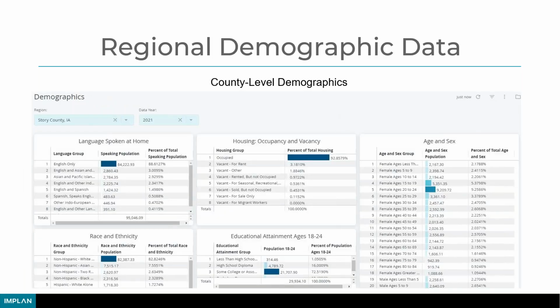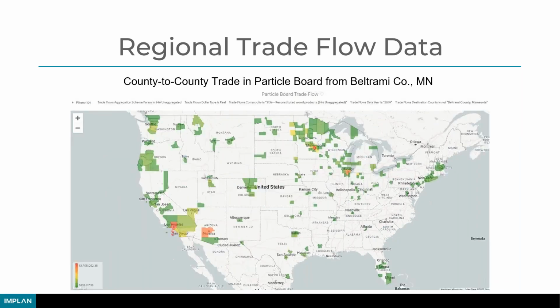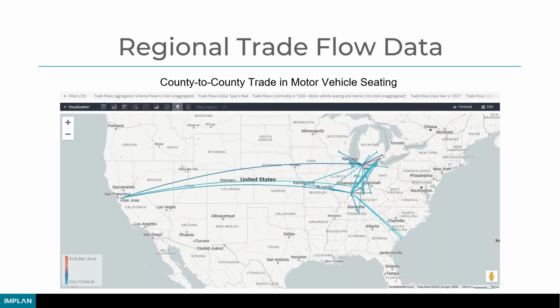Regional demographic data is here. We already mentioned this, but again, this is a more visual opportunity to look at it. Also, county-to-county trade. If we wanted to look at motor vehicle seating produced in Indiana, where does it go?